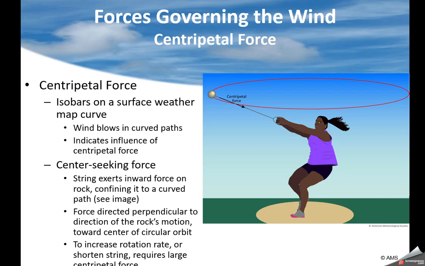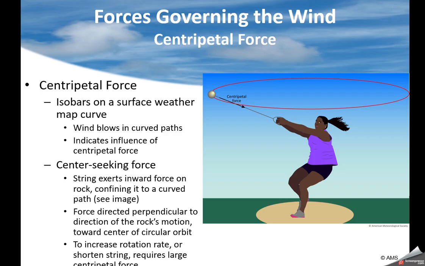When you drive around a corner, or as in this case, you spin a ball around in the circle, what is keeping that ball on that circle? What is holding it there? Well, what's holding it there is centripetal force. That force is working back away from the ball to the object it's attached to.